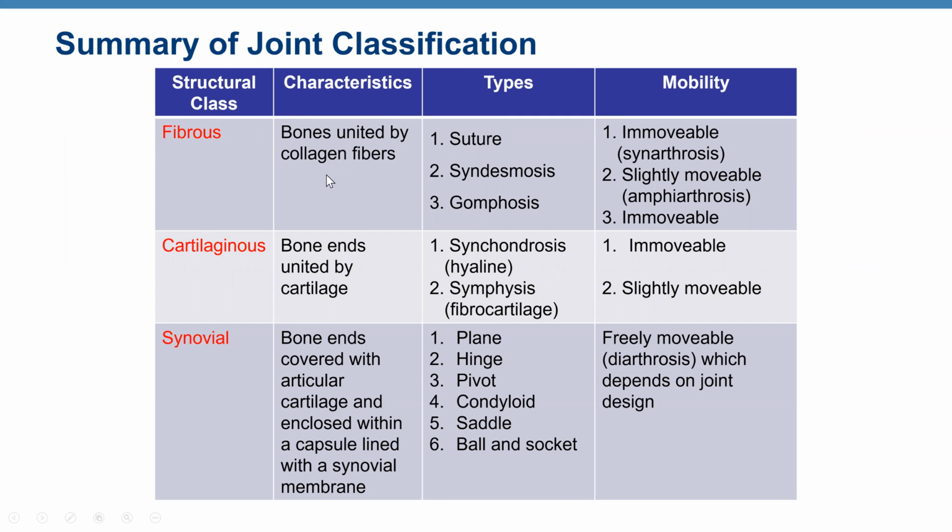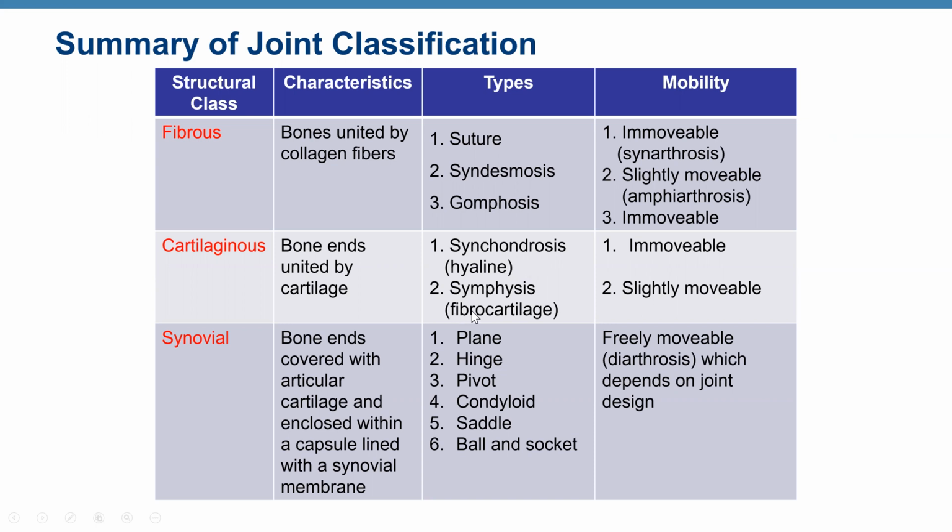Fibrous, bones united by collagen fibers. And here you can see mobility. So it's either synarthrosis or amphiarthrosis. Now they give you three examples of fibrous joints: suture, syndesmosis, and gomphosis. Cartilaginous joints, bone ends united by cartilage. If they are united by hyaline cartilage, we call it synchondrosis.